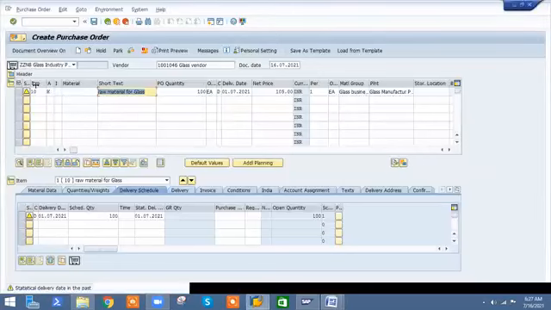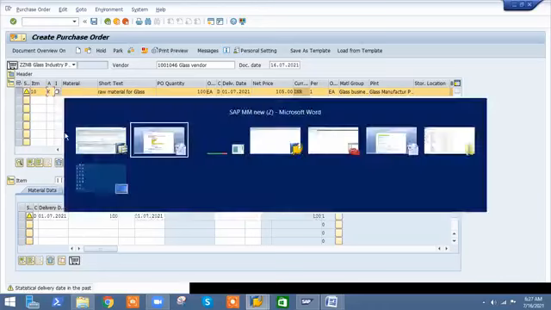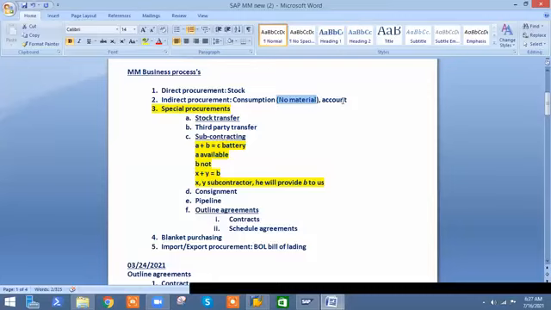So whenever you are doing indirect procurement without the material, then you have to specify for which account, for which accounting department is going to bear this payment. Let us take a simple organization. We are going to have an administration department, as well as an accounting department.